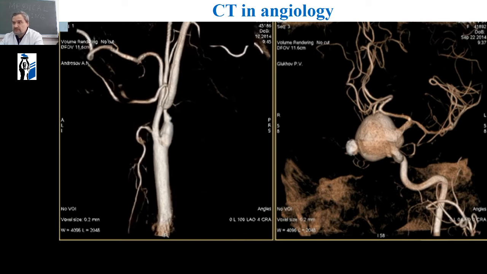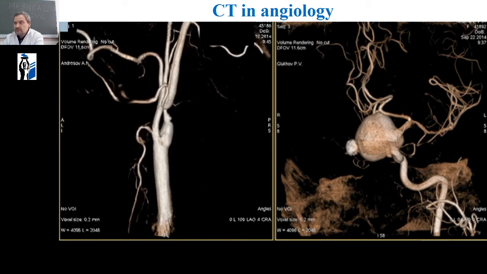There are other techniques. Spiral tomography in angiology allows you to make a three-dimensional reconstruction, which in previous cases is completely unnecessary and would only interfere.